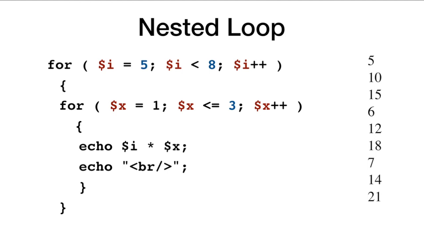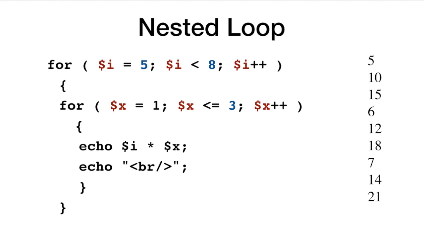Inside in the inner loop, we have another for loop with a loop counter of X, and X goes through 1, 2, and 3, because it's less than or equal to 3. In the body of the inner loop we're outputting I multiplied by X.